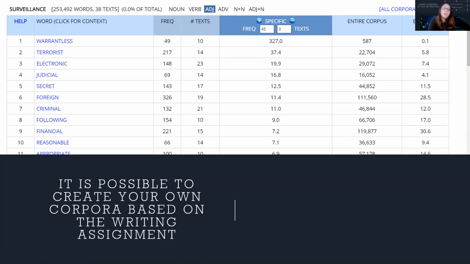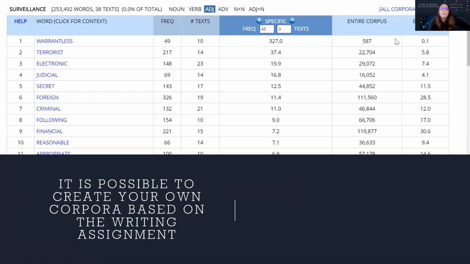So what I did was I just put surveillance into the list and I saved my list. And then I looked up adjectives. So now I can give my students a list of adjectives and also they can look up sentences to see what this word means and how to use it.